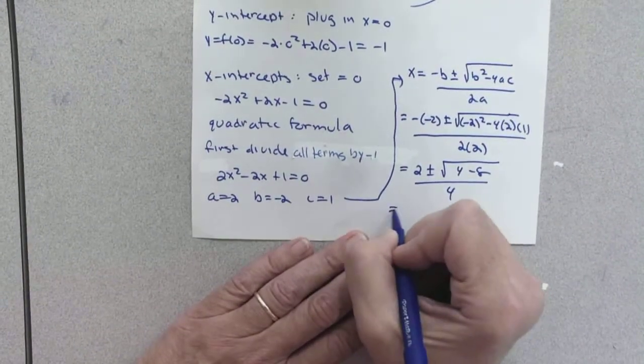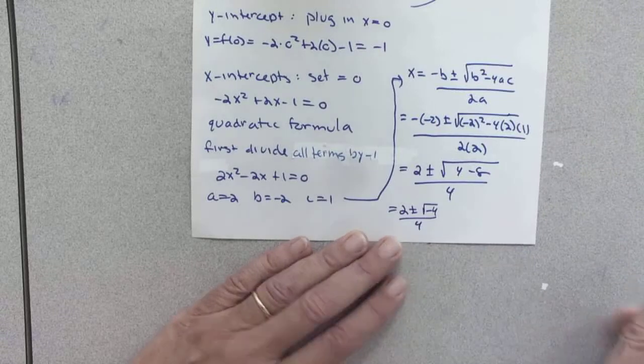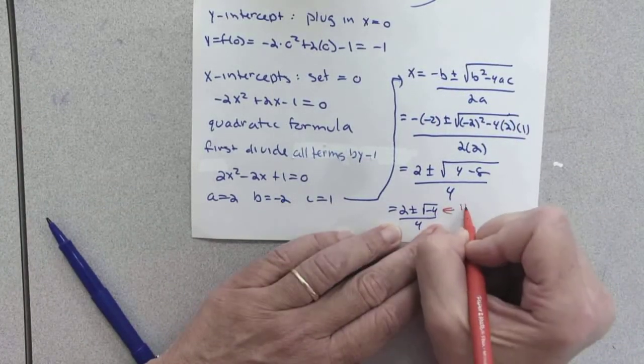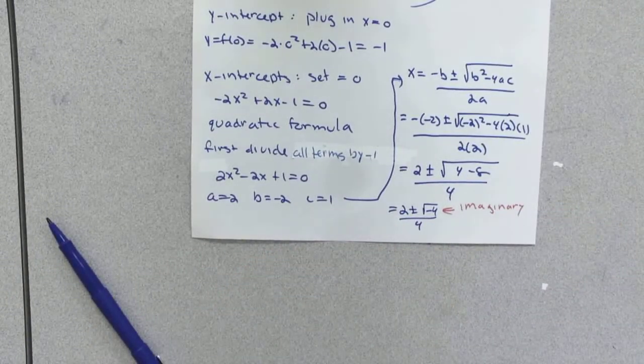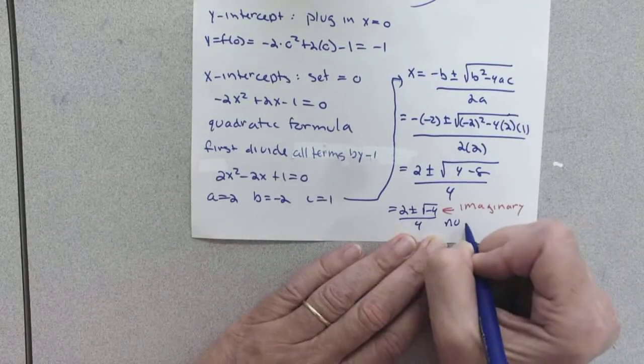And so I'm going to get 2 plus or minus the square root of negative 4 all over 4. This is imaginary right here. And we saw it in the first problem, and now we're seeing it again. That tells us no x-intercepts.